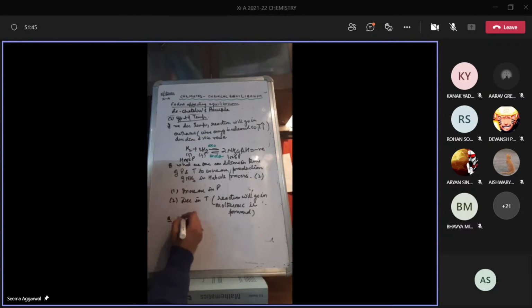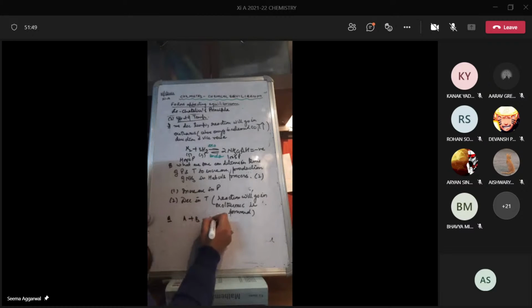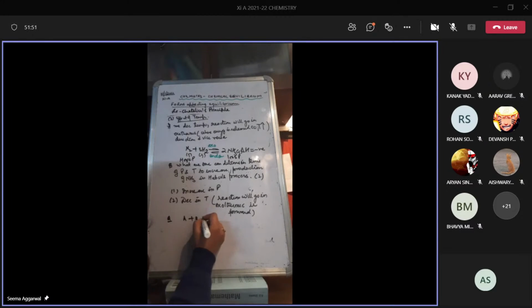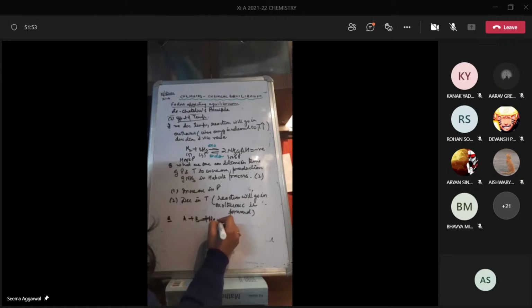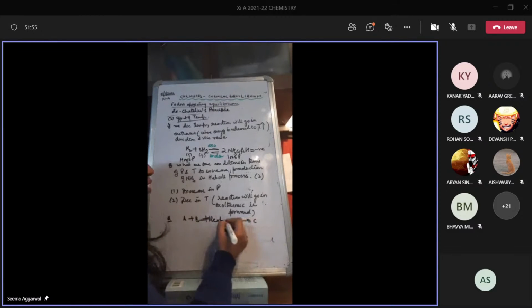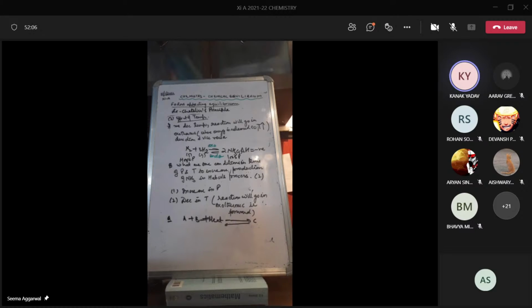Now suppose I write A plus B plus heat gives C. What does it mean? Is the forward reaction endothermic or exothermic? Endothermic.